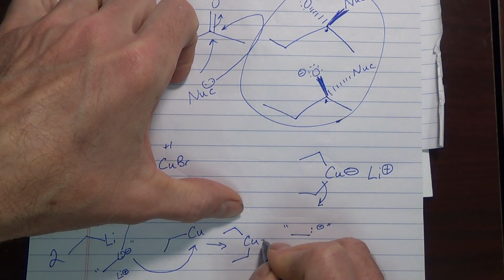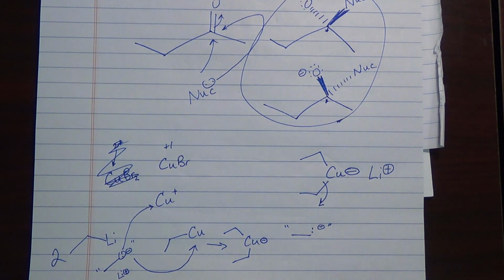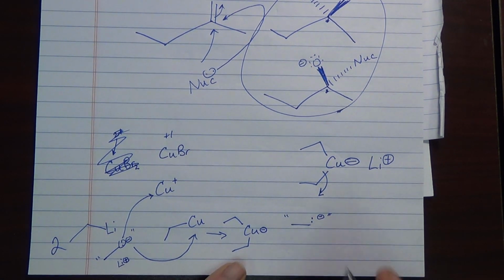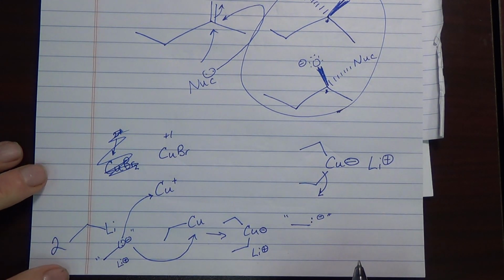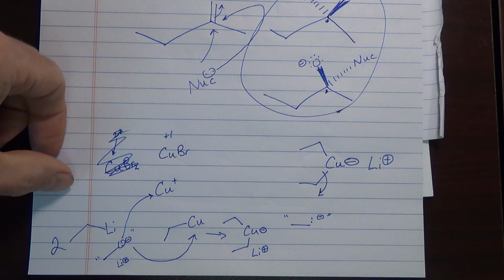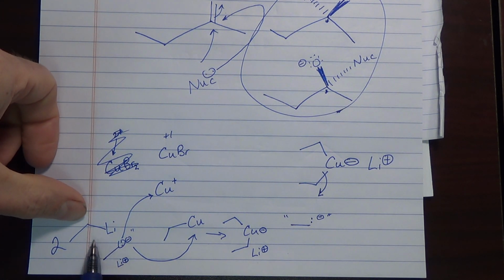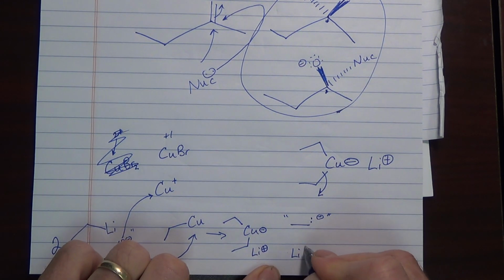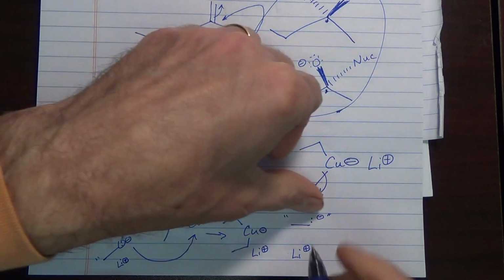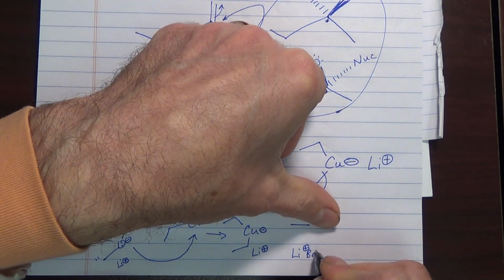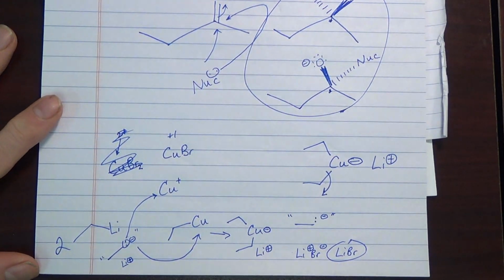The copper should now be minus. The lithium should sit there. Since we use two of these organolithiums, there should be another lithium. We also have a Br here, and so lithium bromide would be a byproduct here.